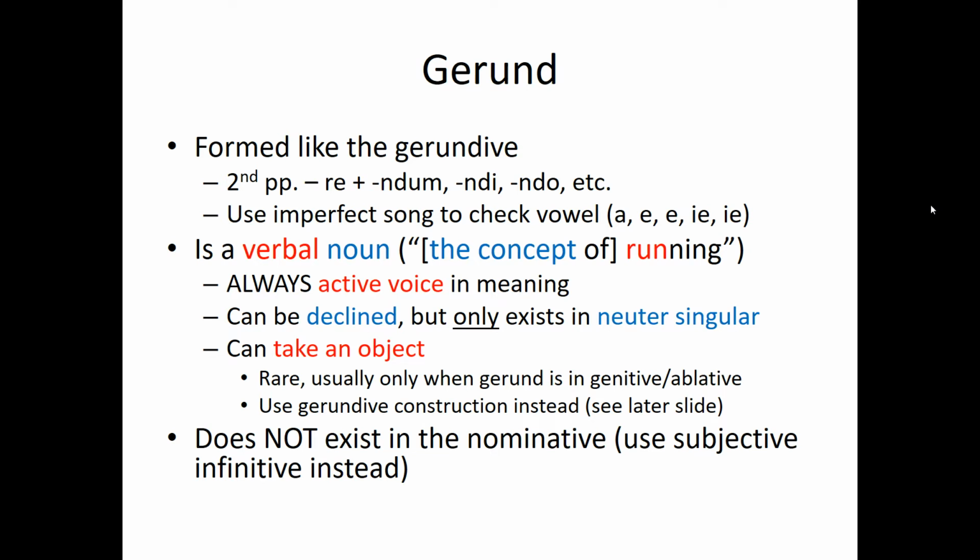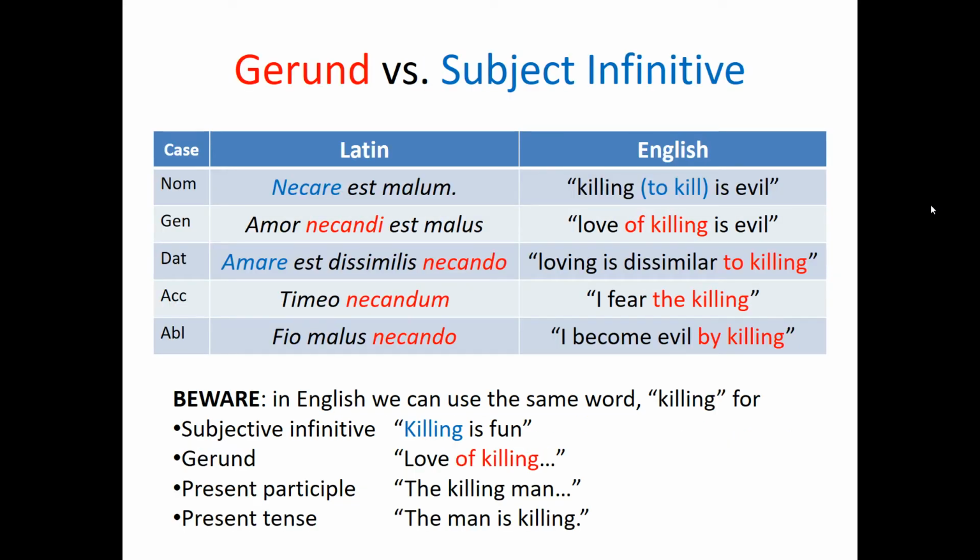And the reason for that is if the Romans were going to use an English gerund as the subject of a sentence, so if you're going to say something like running is a sport many people enjoy, and you're going to use the gerund there, the Romans would not use the gerund for that construction. Instead, they would use a subjective infinitive, which is something that we learned in chapter 5 of Lingua Latina.